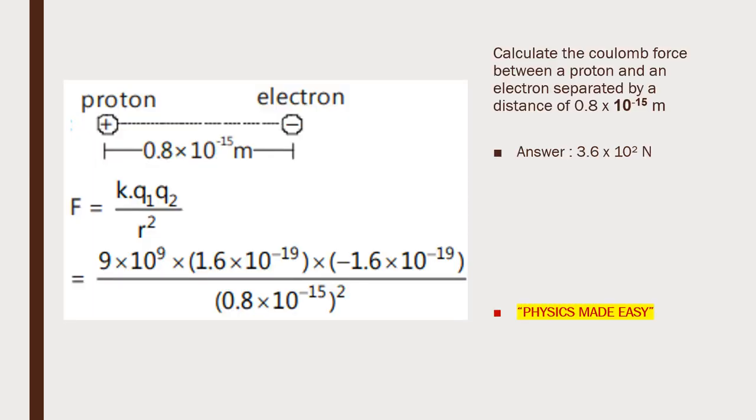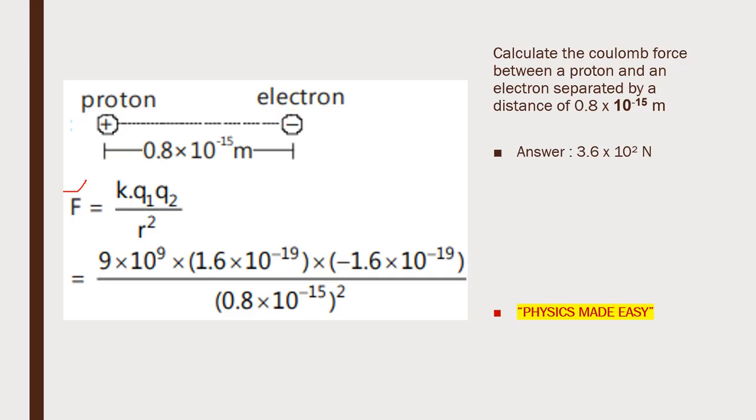Calculate the Coulomb's force between a proton and an electron separated by a distance of 0.8 into 10 raised to power minus 15 meter. So we have to calculate the attractive force between the proton and the electron. We can apply the formula of Coulomb's law. F is equal to K Q1 Q2 divided by R square.